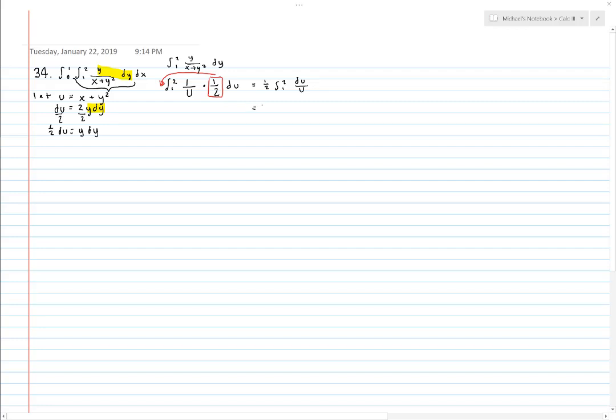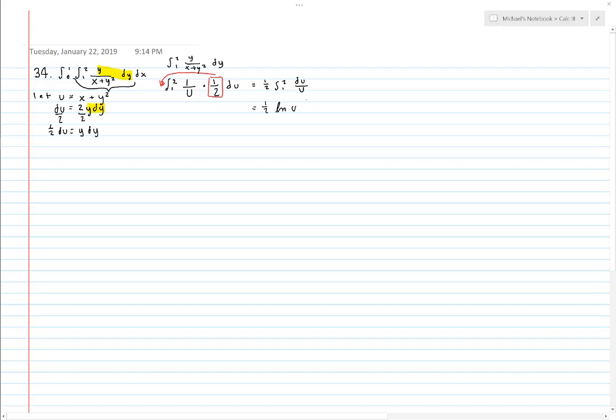So this is going to equal 1/2 ln u, but we're not going to put the limits, 1 to 2, just yet, because we have to substitute the u.